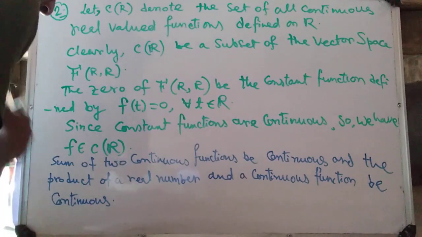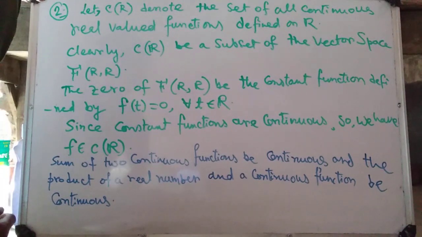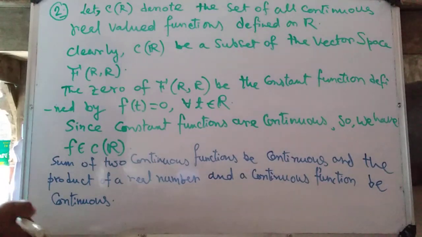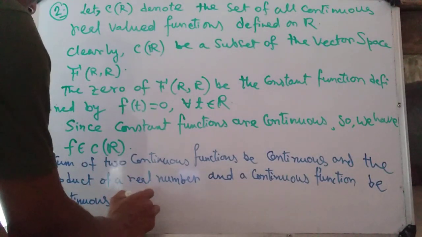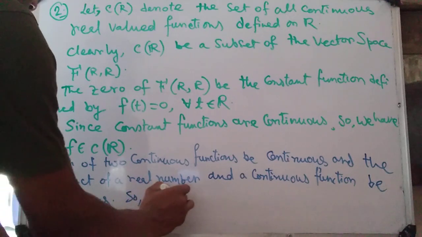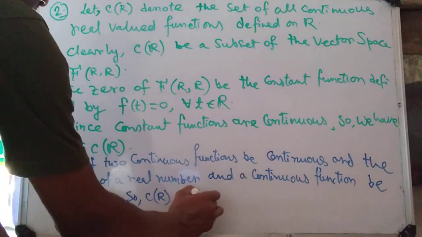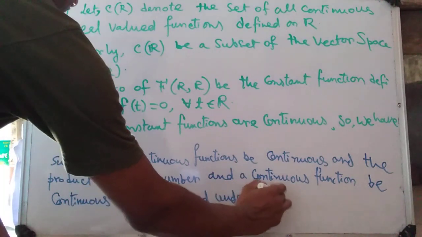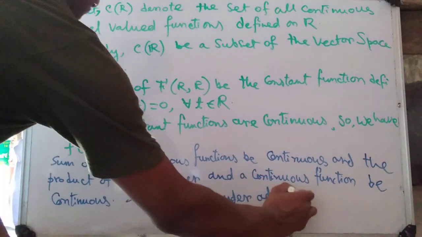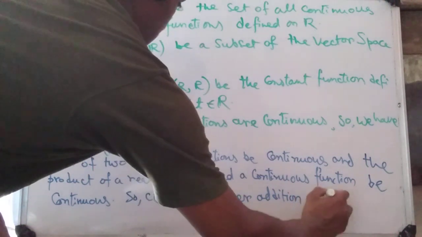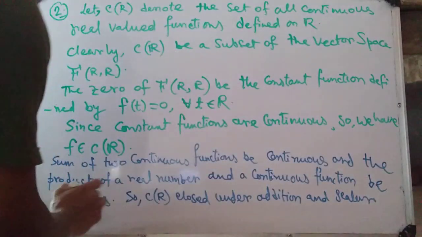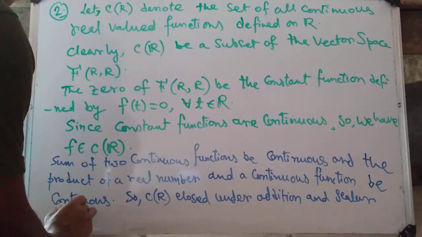Then obviously C(R) is closed under addition and scalar multiplication.